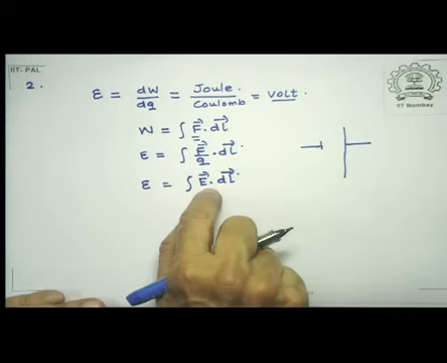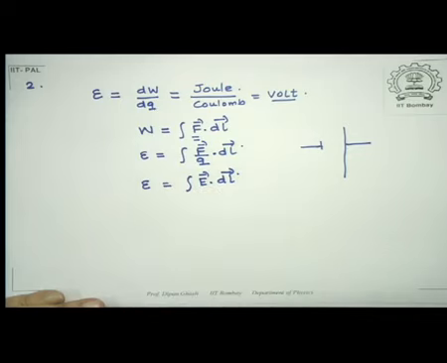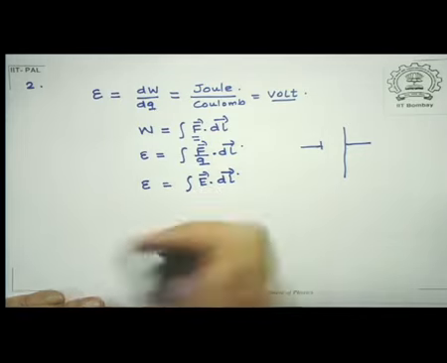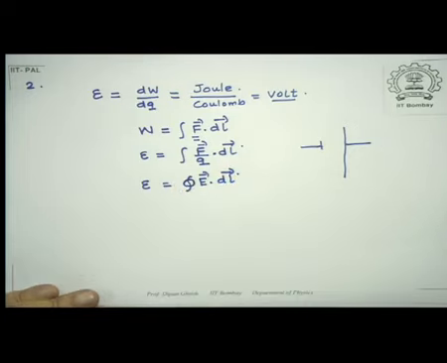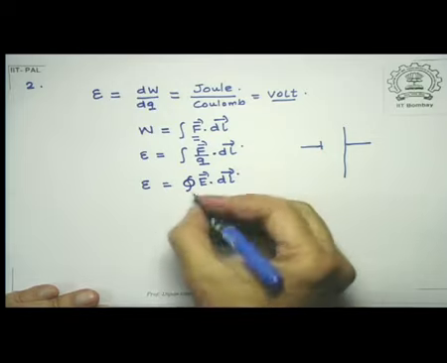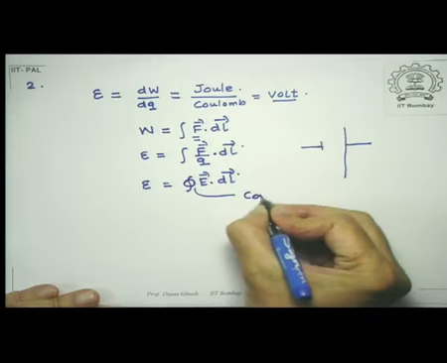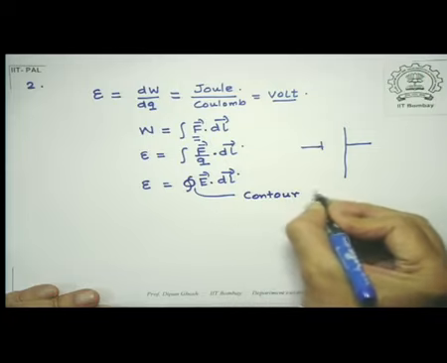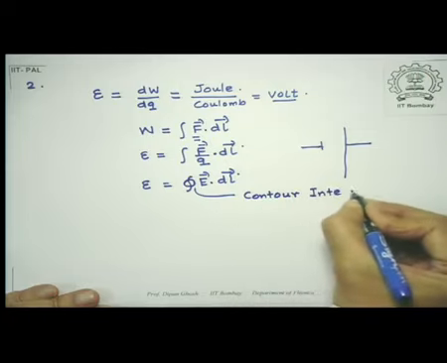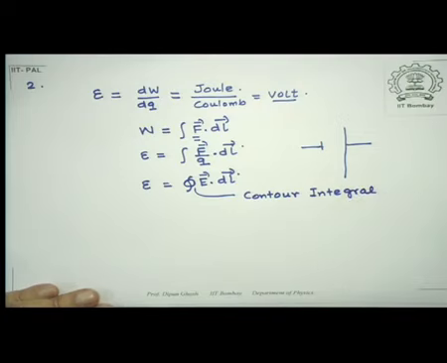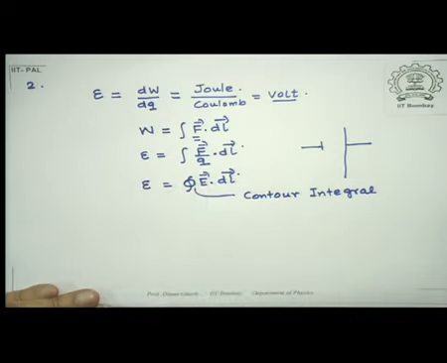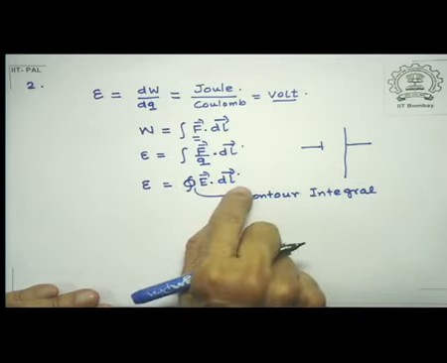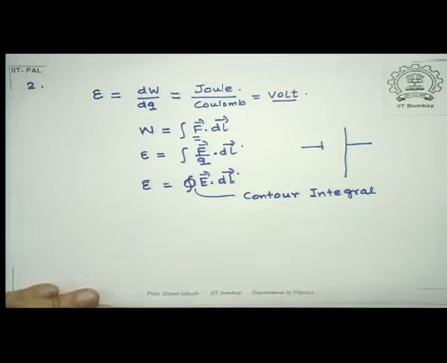Because we are talking about electric field, which is nothing but the force per unit charge, and what you will find is that your definitions will also have a circle around that integral, meaning thereby this is called a contour integral. Meaning thereby that you take the line integral of the electric field, this is a line integral as you are aware, around a closed loop.